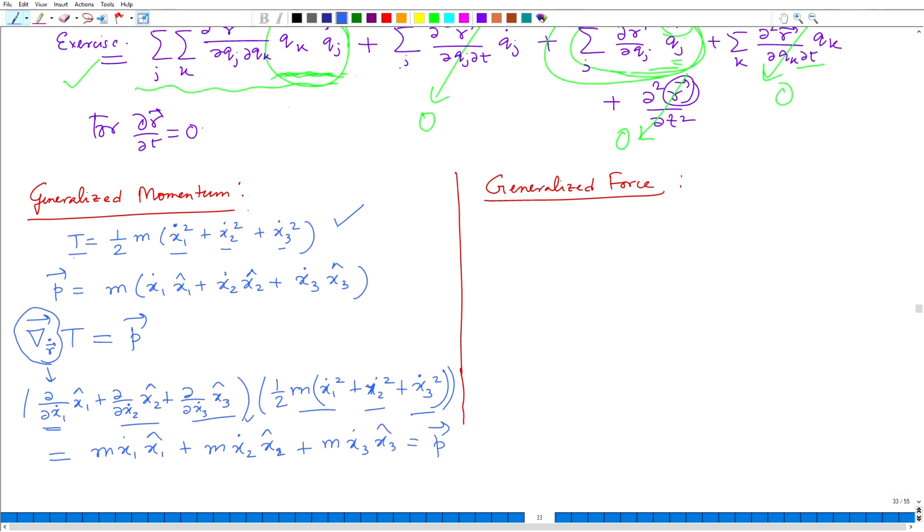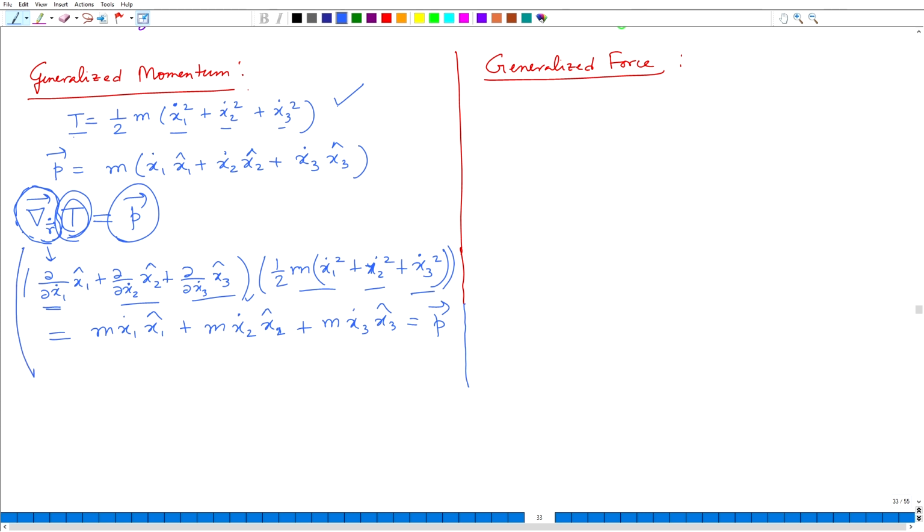Okay. So, we know that from T I can get p just by operating on T with a gradient operator defined in the velocity space. We can say in a very simple way: del T/del xi dot is equal to pi.